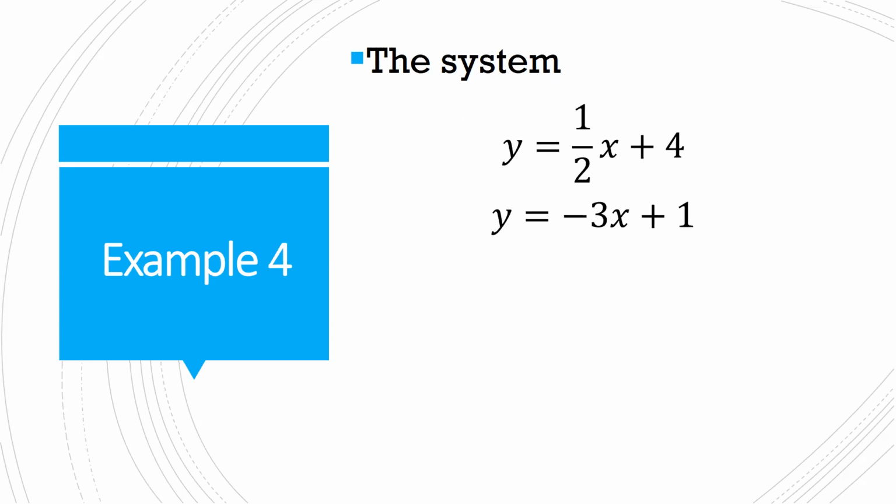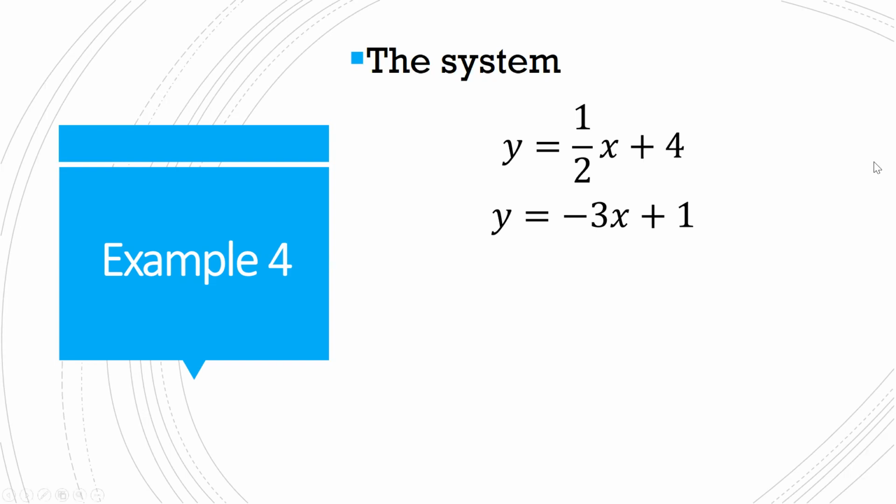Again, I'm going to use technology to quicken the pace of finding the solution, but you could easily graph both of these by hand using the slope-intercept method, meaning both of these are in slope-intercept form, and therefore you could graph those using the slope and the y-intercept of each.